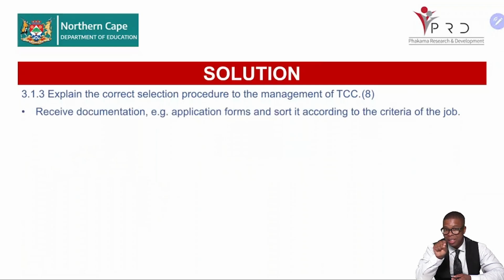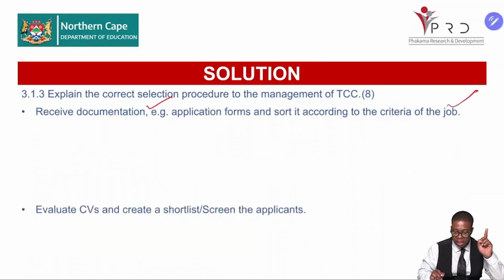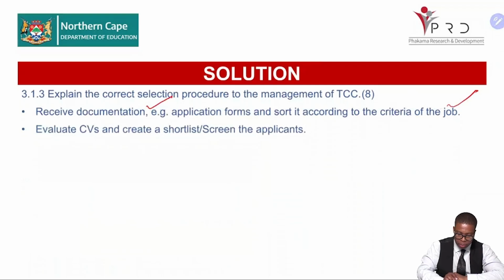Now, selection procedure is what happens in the process of selecting candidates who have applied. The first thing that happens is that the business will receive documentation, for example application forms, and sort them according to the criteria of the job. That is number 1. Number 2, the business will have to evaluate CVs.